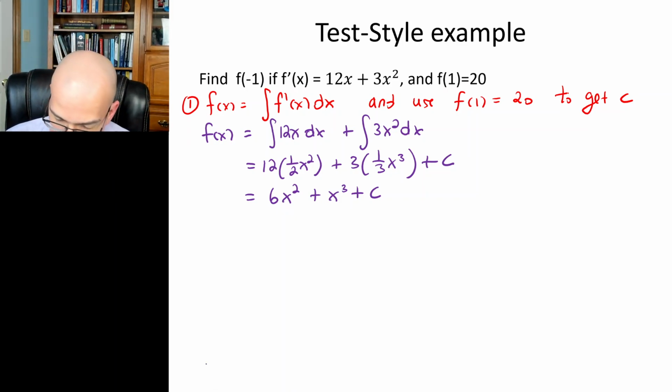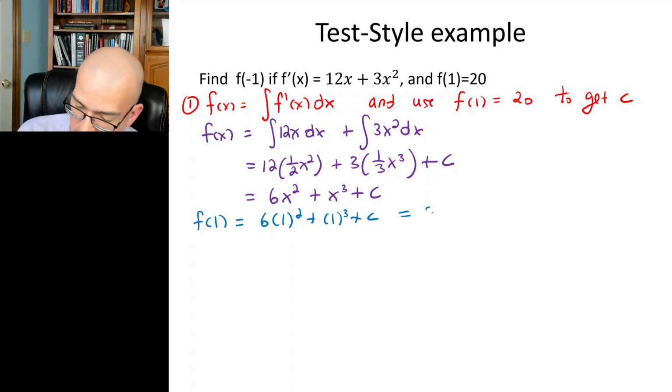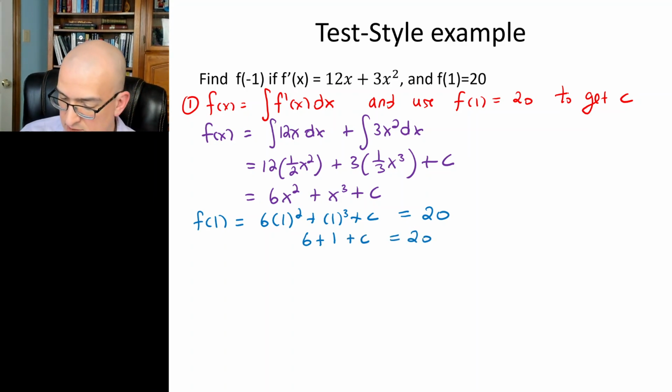F of 1 is equal to 20. So f of 1 is 6 times 1 squared plus 1 cubed plus c is equal to 20. So 6 plus 1 plus c is equal to 20. So c is equal to 20 minus 7, which is 13.